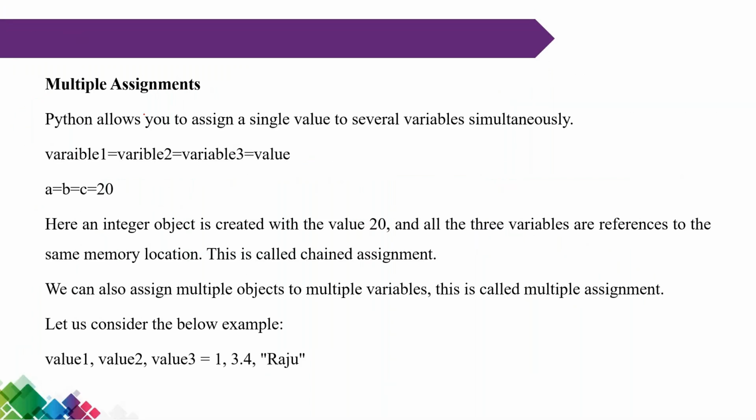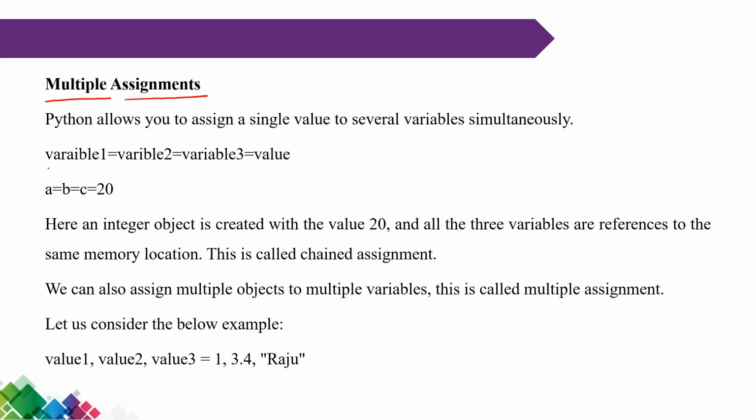In Python, we have the concept of multiple assignments. What is meant by assignment? Assigning a value to a variable, that is assignment. Multiple, the name specifies that at a time we are assigning the value to multiple variables.